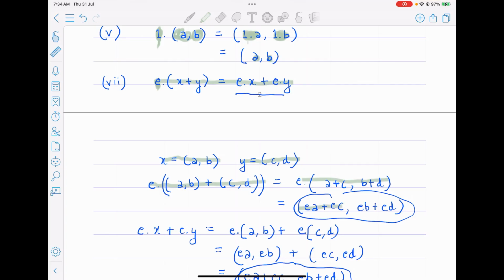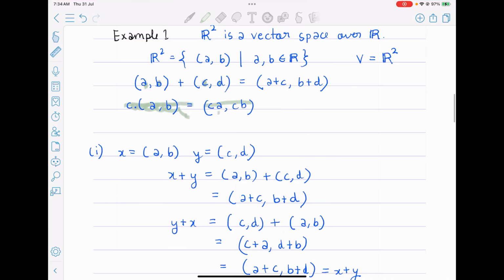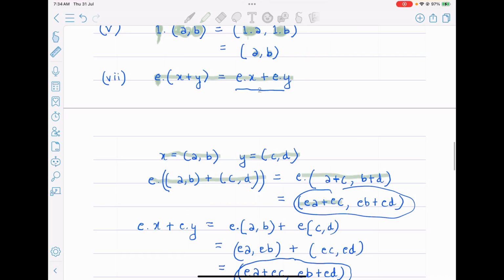This is because when e gets inside, it will multiply with both of them, because this is our definition of this dot. So now this will be (ea plus ec, eb plus ed).